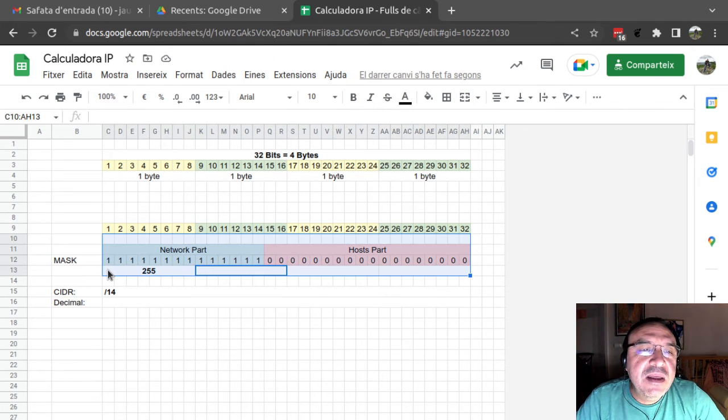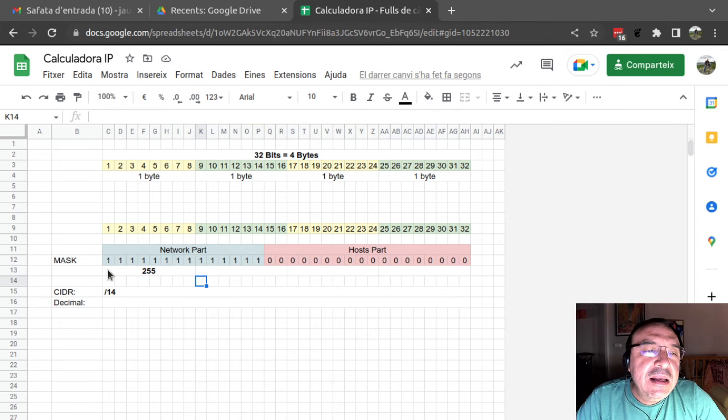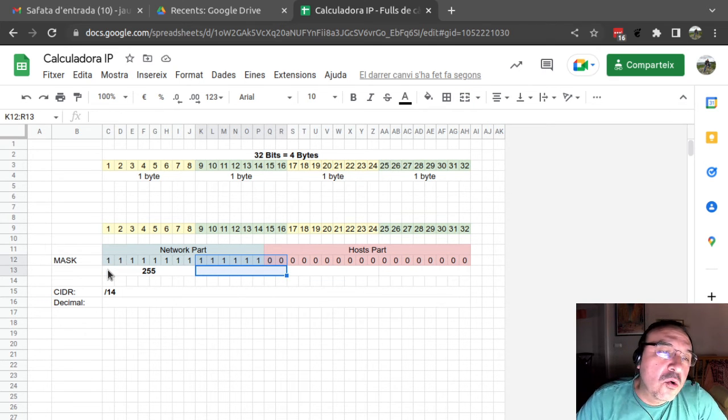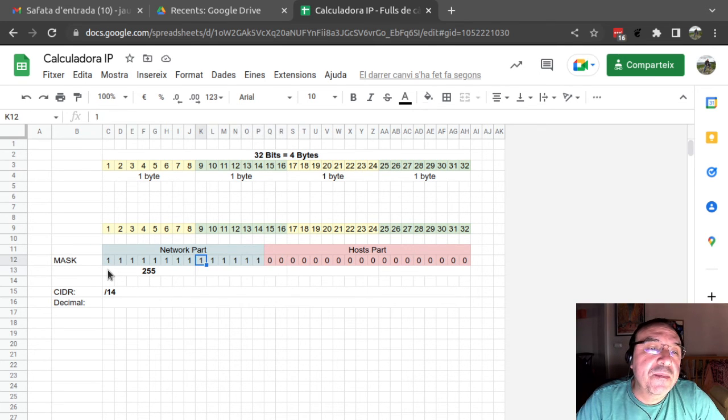Okay, next byte. We have something mixed here. In that byte, we have some part that is in the network and some part that is in the host. So now it's not 255. You have to count to convert that value to decimal.